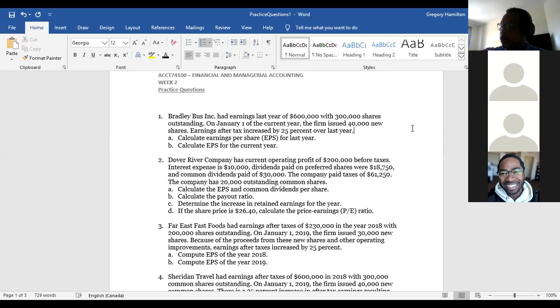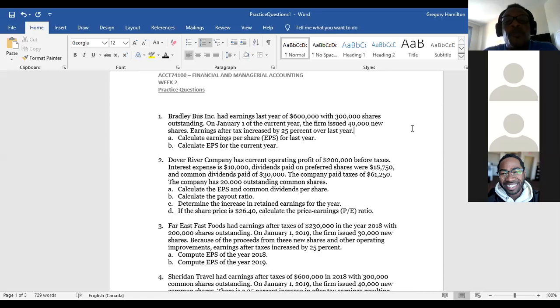The question tells us last year's earnings were 600,000, and that there were 300,000 shares outstanding. So the number of common shares of Bradley Inc. issued and outstanding was 300,000.